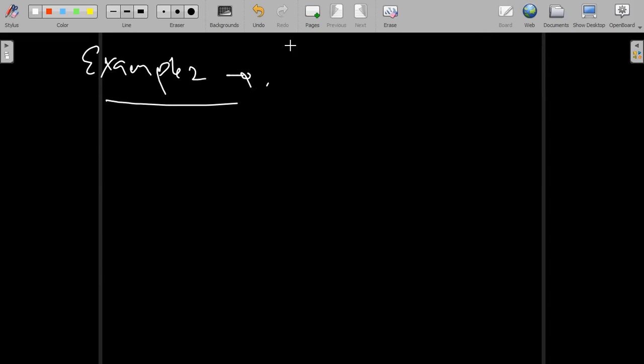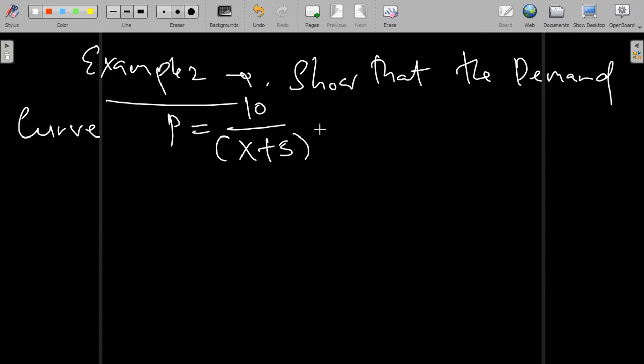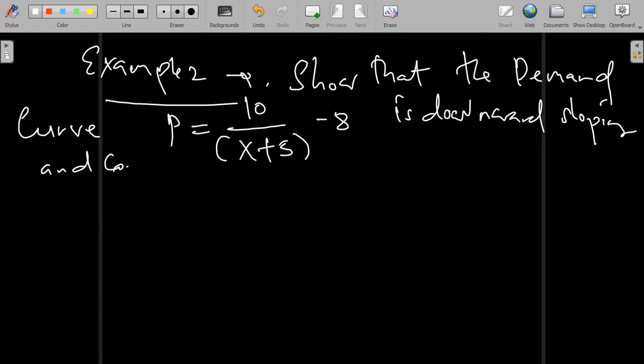So we have to show that the demand curve P, which is equal to 10 over x plus 5, then minus 8, is downward sloping and convex from below.